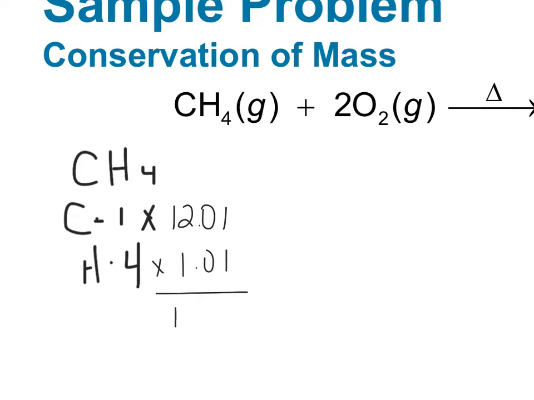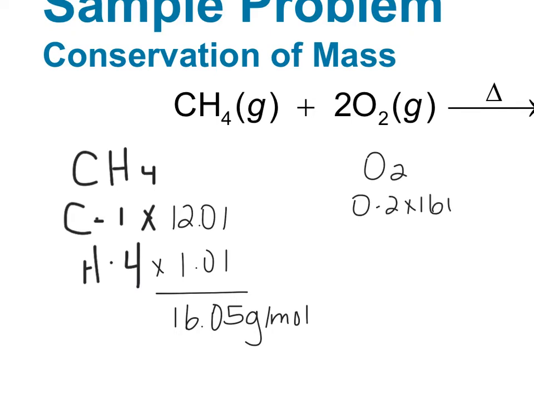That adds up to be 16.05 grams per mole. Then when I look at oxygen, I have 2 of those at 16, and that adds up to be 32 grams per mole.